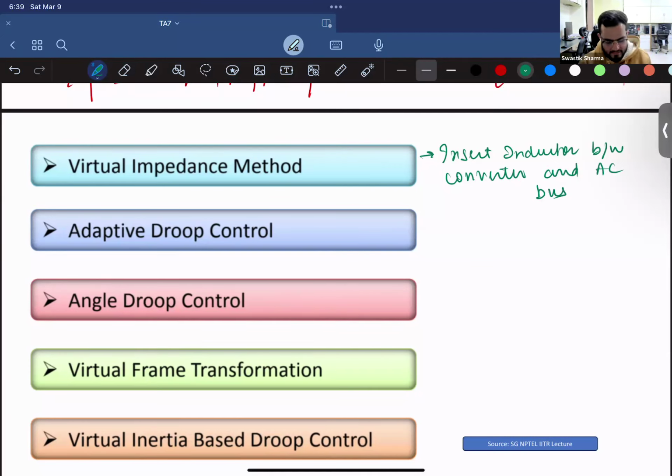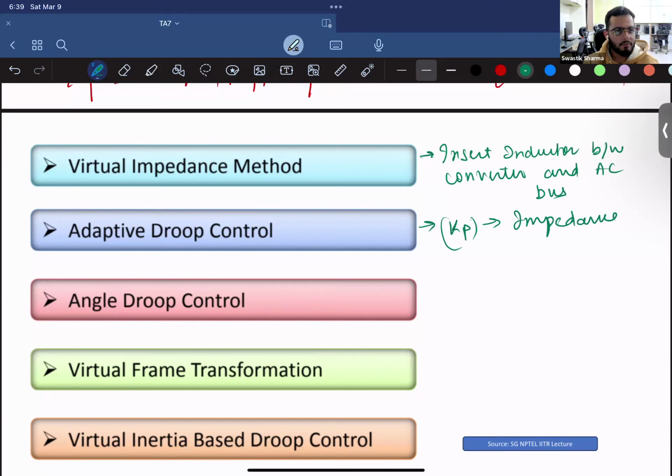Second is the adaptive droop control method. In this droop control method, this Kp value is, in a way, a measure of your impedance, because you are creating an effect on the impedance to better manage your droop control.